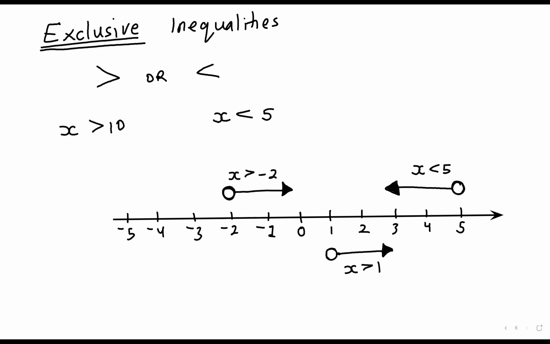It will be above the 3, right? And less than would be to the left or to the right of 3? To the left, yes. So it will be like this, right? So this will be the inequality x is less than 3.